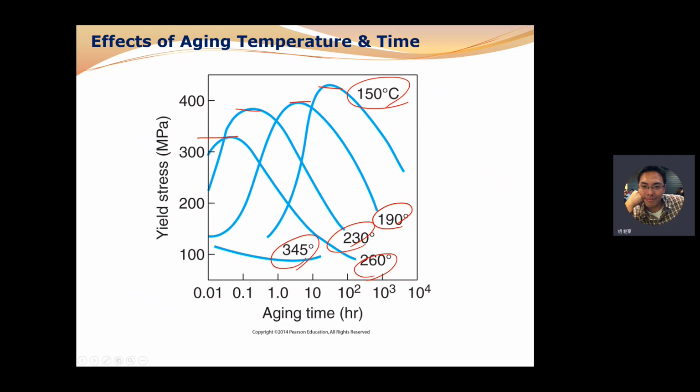If I want to get a yield stress of about 380 MPa, which aging temperature and time are you going to use? What's the optimal aging time and temperature you will use?